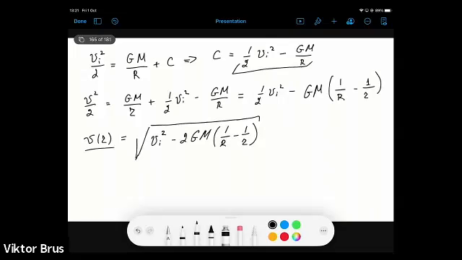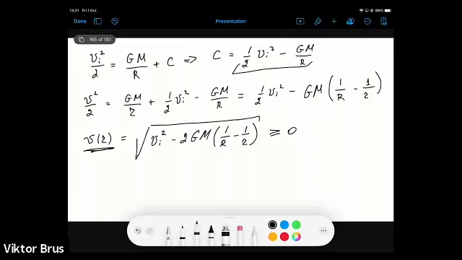So for that purpose, this velocity at any distance should always be larger than or equal to 0. It cannot become negative, because if it becomes negative, it means that it will just fall back on the surface of the planet.